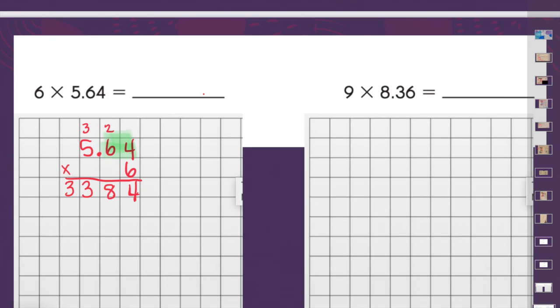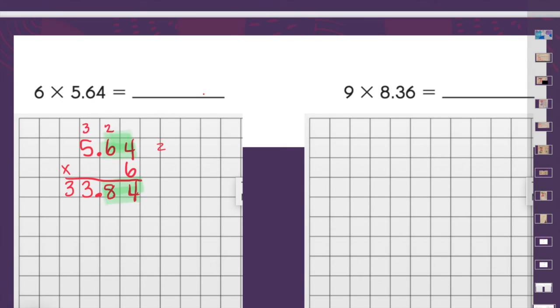And we can see there's 2 behind the decimal point in our first factor. There are no numbers behind the decimal point in our second factor. So we need 2 place values, or 2 digits, behind the decimal point in our product. So we plant our decimal point right there, and it's 33 and 84 hundredths.